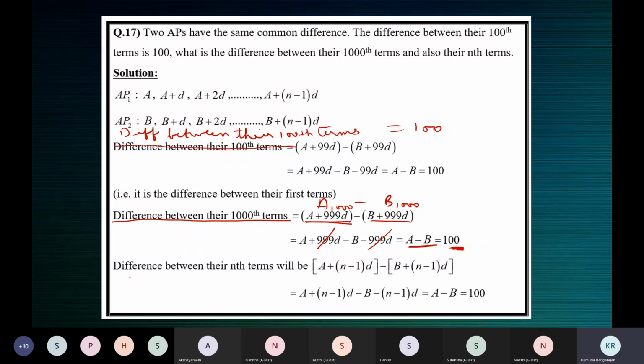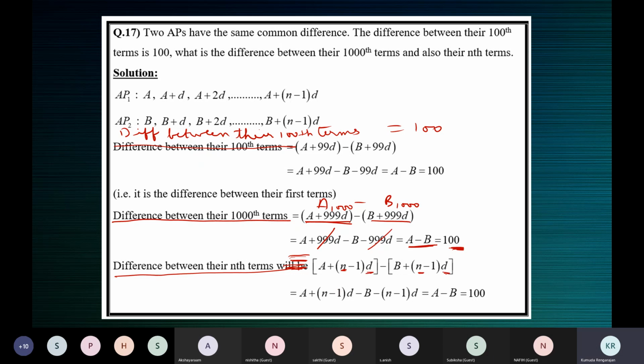Now, what will be the difference between their nth terms? This we have to find. It will be A plus n minus 1 into D, because the first term is A. It is the nth term for both, so n is the same in both.